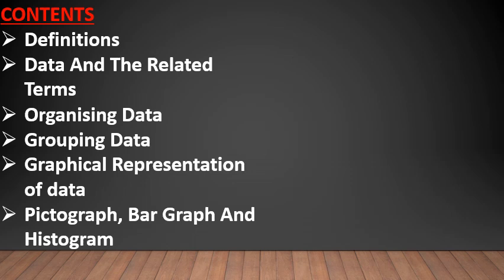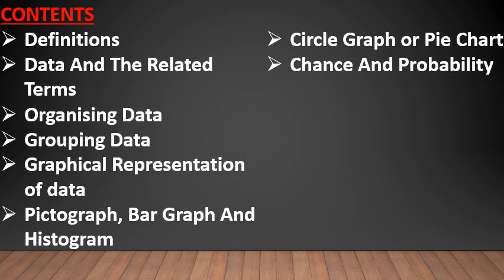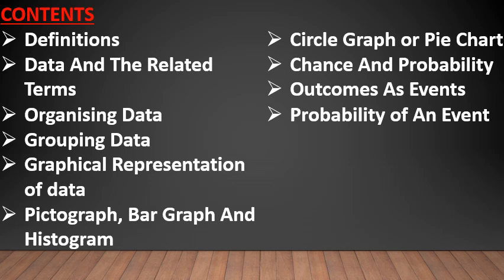After that we will learn pictograph, bar graph and histogram. We will learn circle graph or pie chart, chance and probability, outcomes of an event and probability of an event. These topics we will learn after going through this chapter.